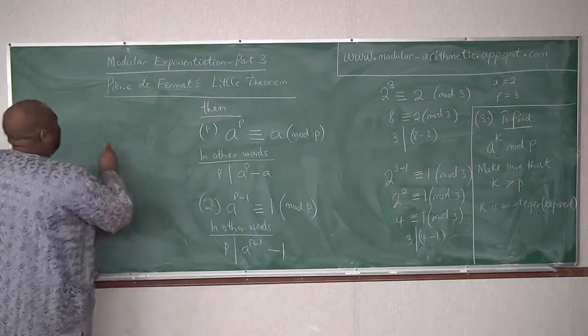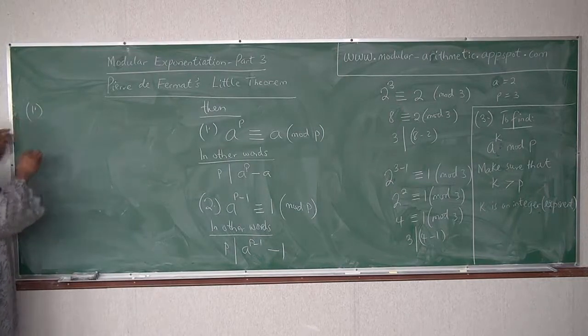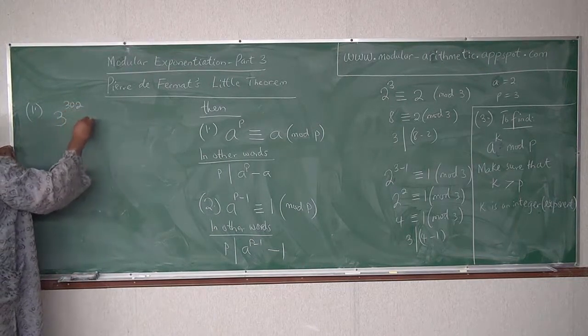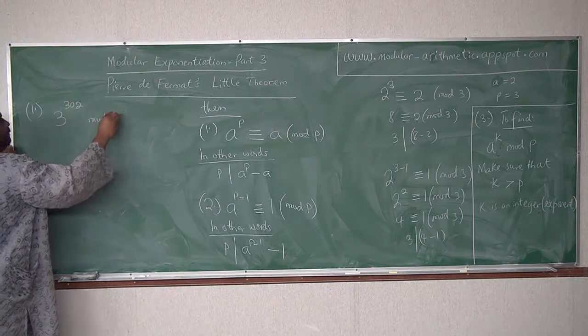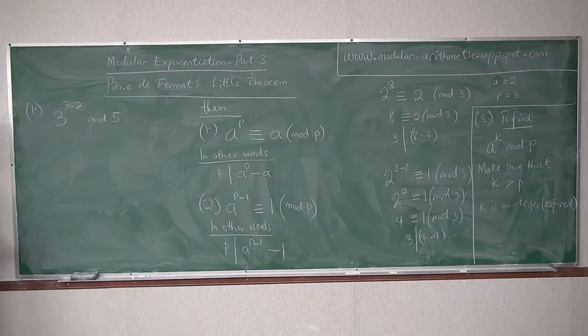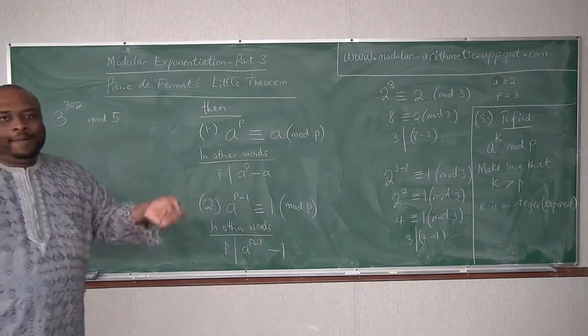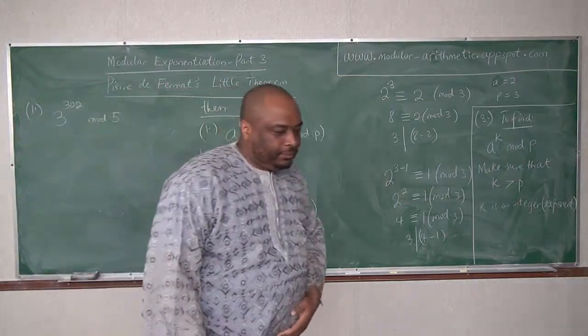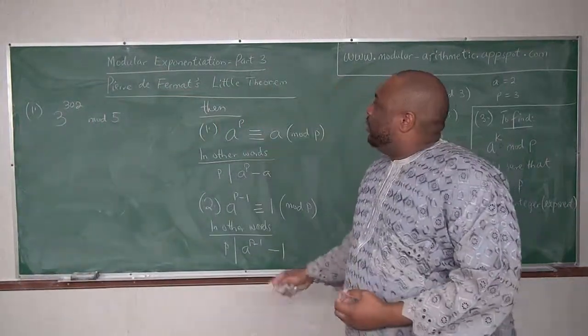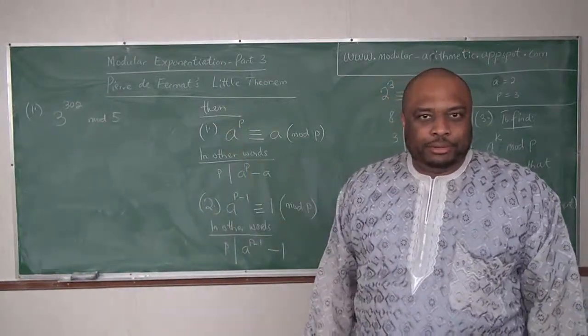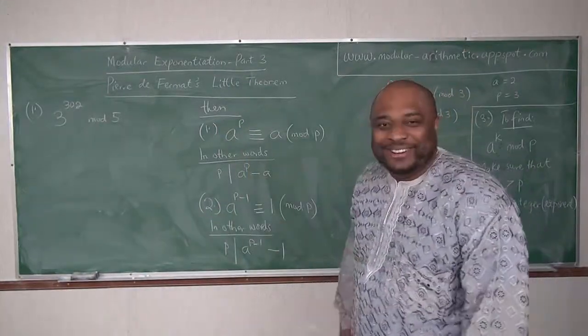Alright, let's look at example 1. Let's find 3 exponent 302 mod 5. Okay, let's solve this. Of course, you're not going to do 3 exponent 302 in your calculator.